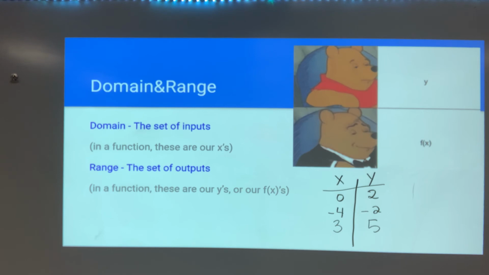In our function, we're usually used to saying our range or our outputs are Y values. Sometimes they are called f of X values. As you see in this nice meme, we could use Y to describe outputs, but we really like to use this fancy f of X. Pooh Bear just got a little bit fancier.